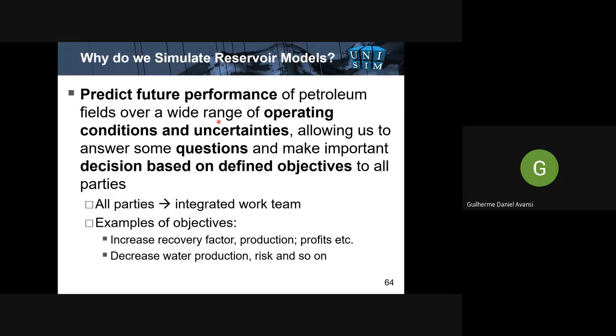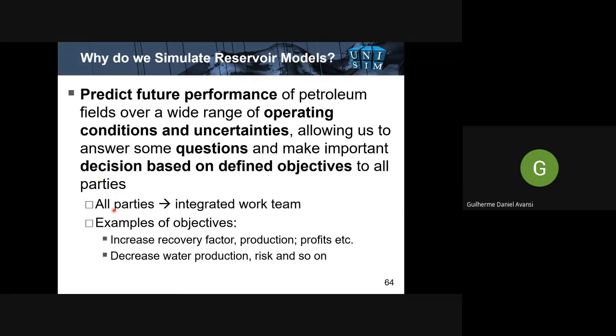And when we answer those questions, we are also taking decisions. To take these decisions, we need a base, and this base is the reservoir simulation model, based on the objectives of the companies.